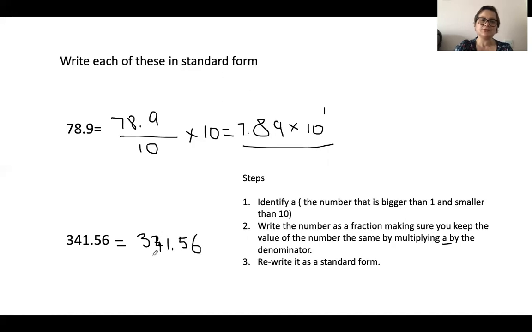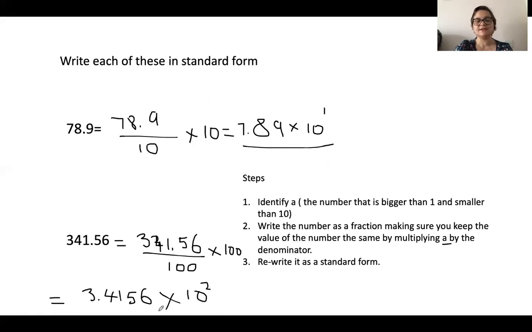And to get the 3.4156, we divide by 100. To keep the value the same, we multiply by 100. So the first part can be written as 3.4156, times 100 can be written as 10 to the power of 2. And this is our number written in standard form.